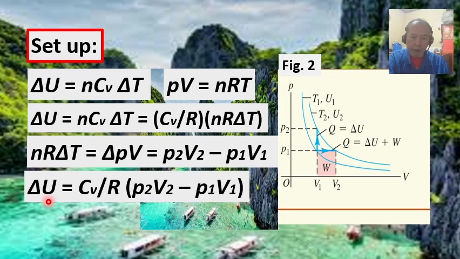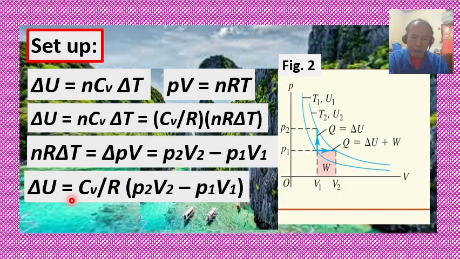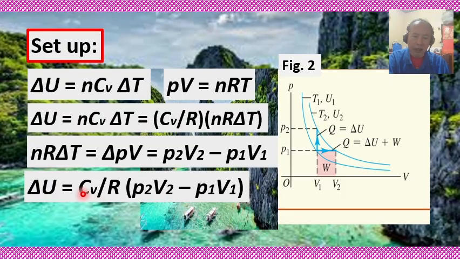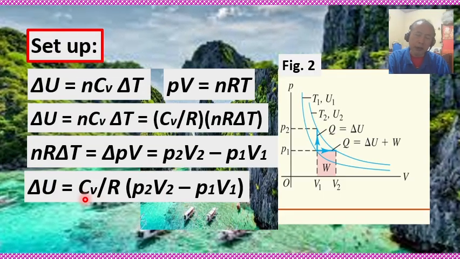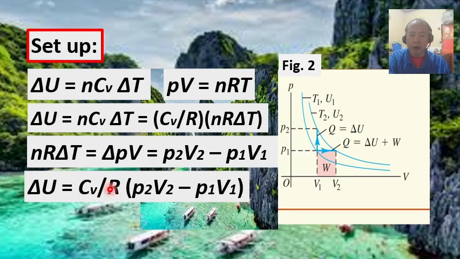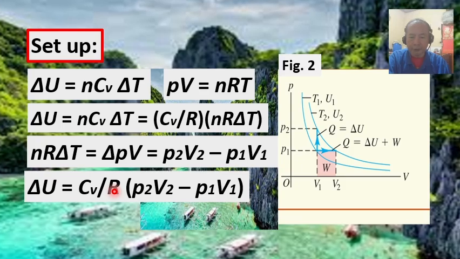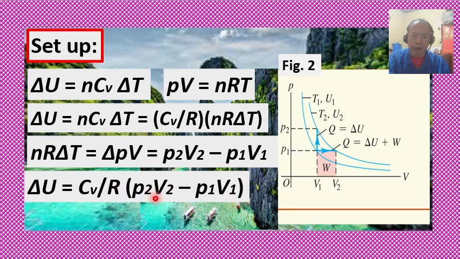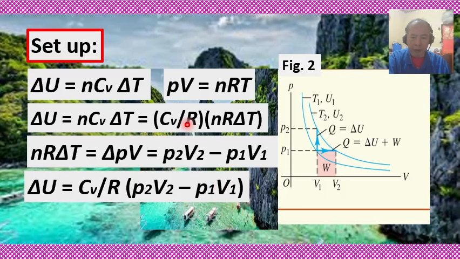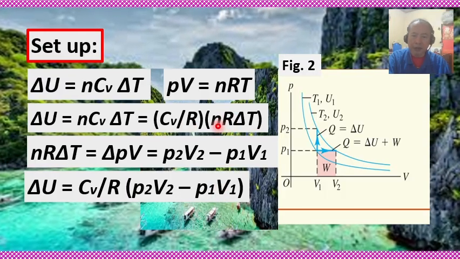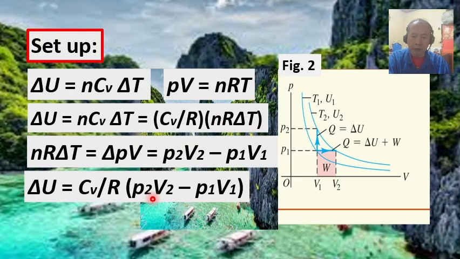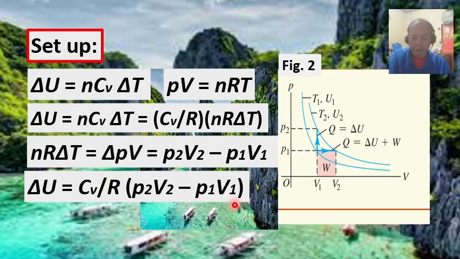So our equation for delta capital U can now be expressed as Cv, the molar heat capacity at constant volume, divided by the big R, and multiplied by quantity P2 V2 minus P1 V1. From here, we just replace small n times R delta T by quantity P2 V2 minus P1 V1.